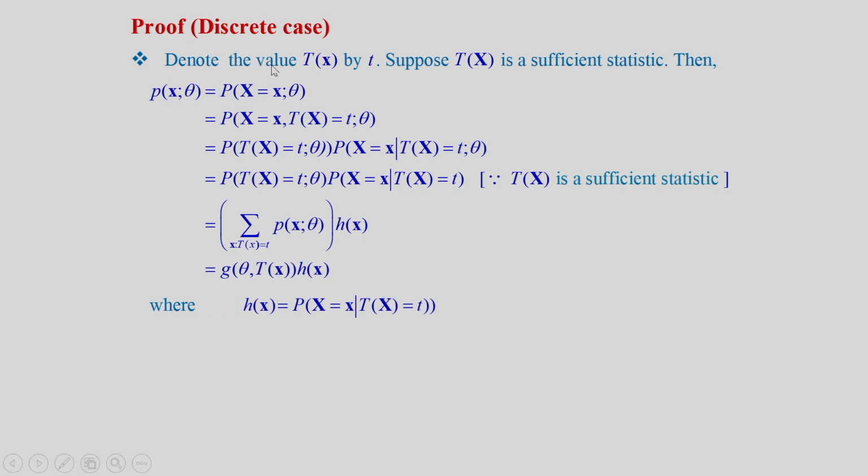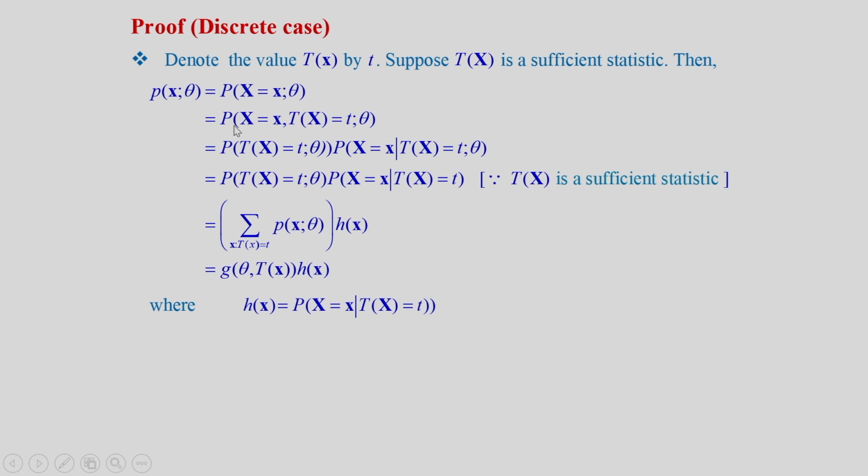Let us denote the particular value of T(X) by small t, that is small t is equal to T of small x1, small x2 up to small xn. Suppose T(X) is a sufficient statistic, then PMF, probability mass function of X as a function of theta, that is equal to probability of X is equal to small x as a function of theta. Now, if we introduce any function T(X), then this joint probability will be also same.